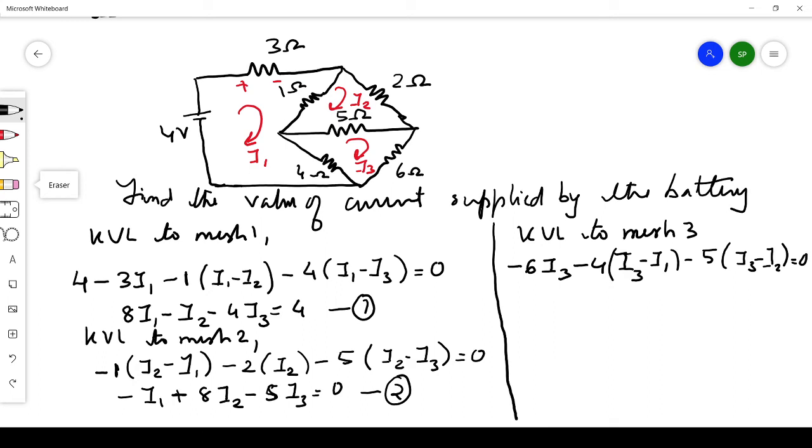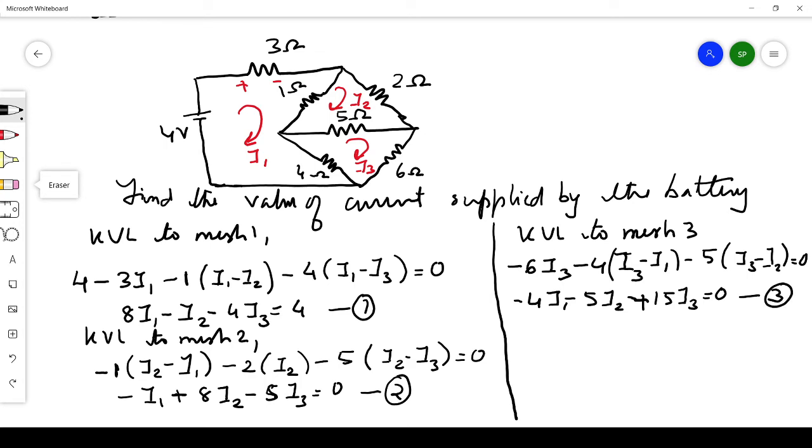Now simplifying this equation, we get minus 4I1 minus 5I2 plus 15I3 is equal to 0. This is equation number 3.